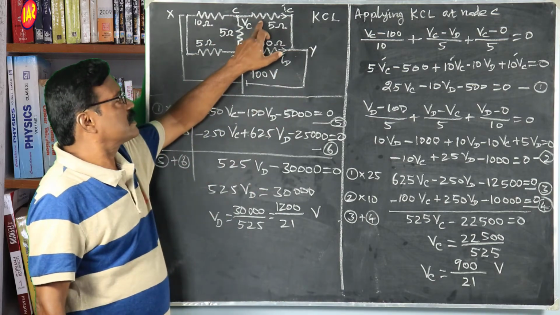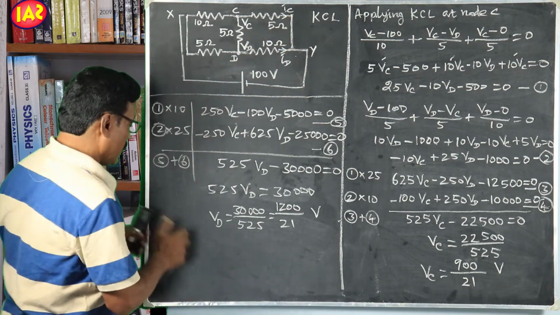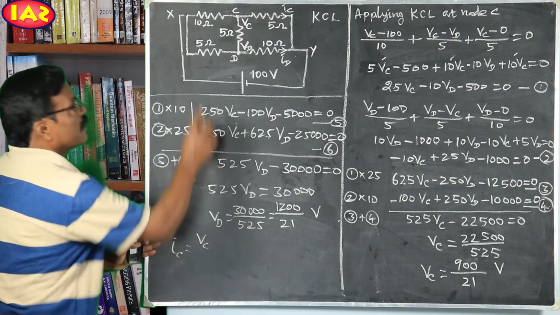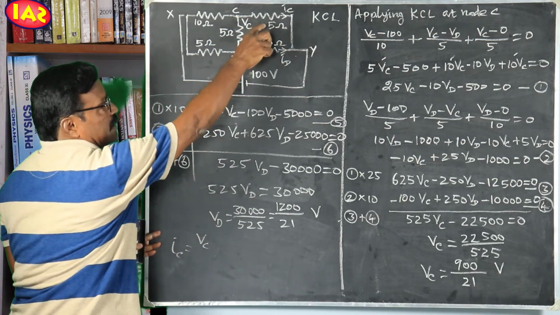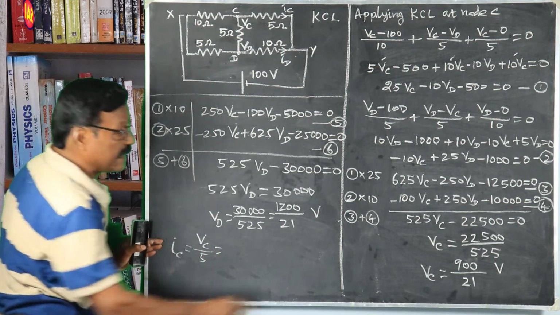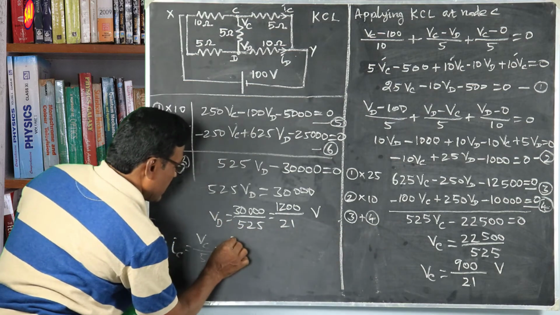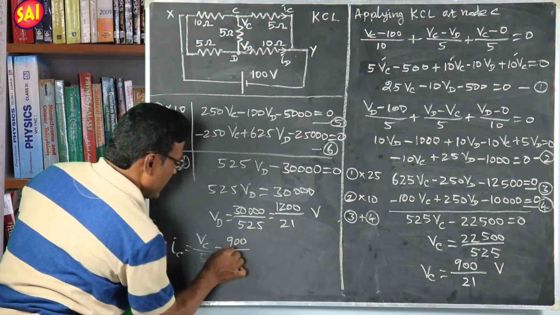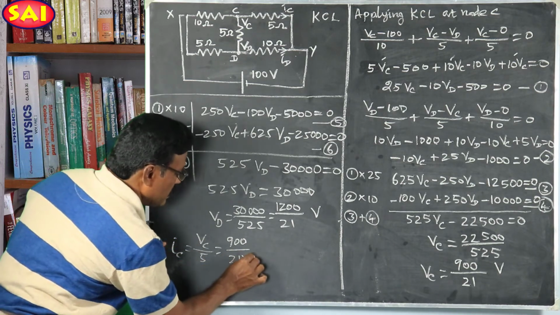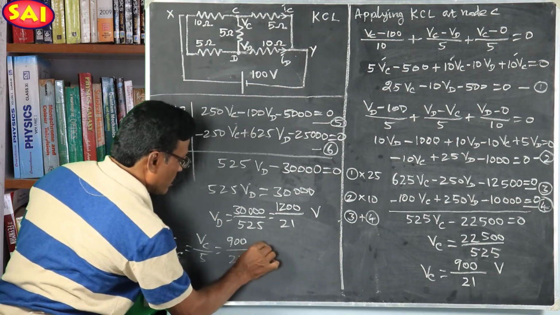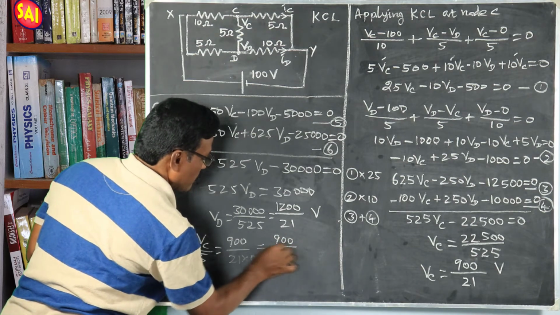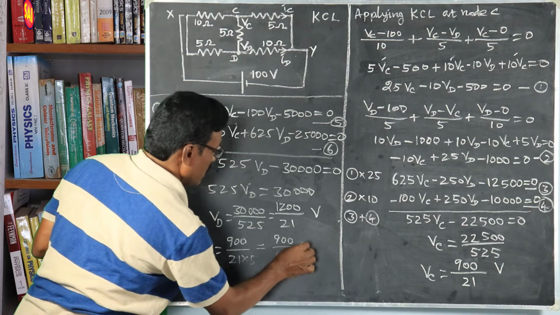Now current through this resistor is IC. Therefore IC is equal to VC minus 0 divided by this 5 ohm. Therefore VC by 5, what about VC? VC is 900 by 21 divided by 5, means into 5, that is equal to 900 by 105 ampere.